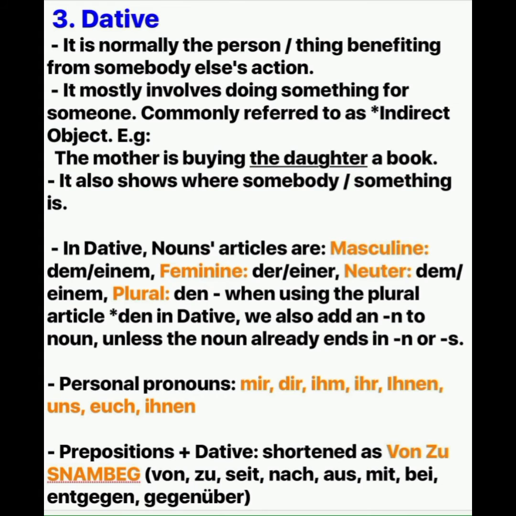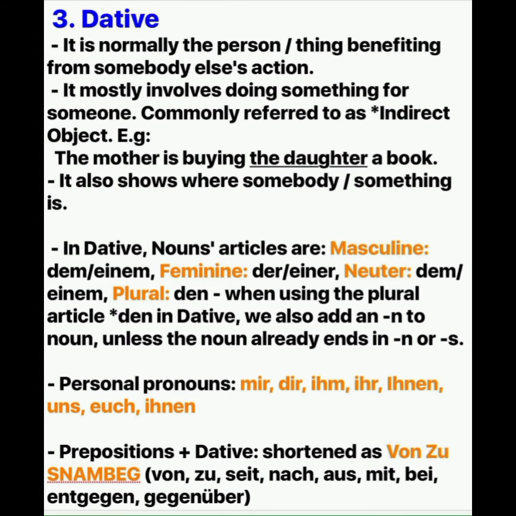So the first one you have is von, V-O-N. Von simply means from. Then you have zu, Z-U. Zu simply means to. Then you have seit, S-E-I-T. Seit means since or for. And then you have nach, N-A-C-H. Nach can mean after or can also mean to in terms of location.